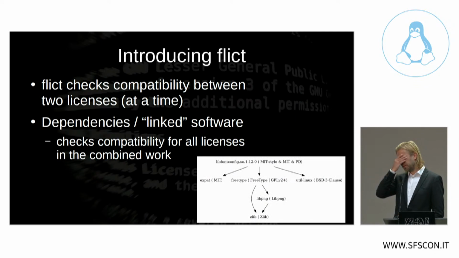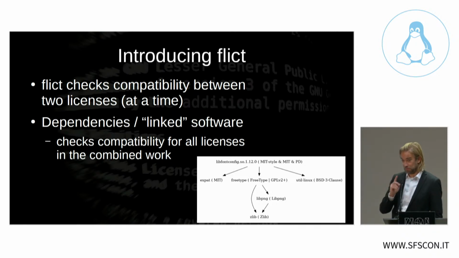But let's look at the foundation. Let's have a look at what FLICT is. It checks compatibility between two licenses. That's the major thing, but that's not much work. That's like 20 lines of Python. It also knows about dependencies, so it can check for dependencies.